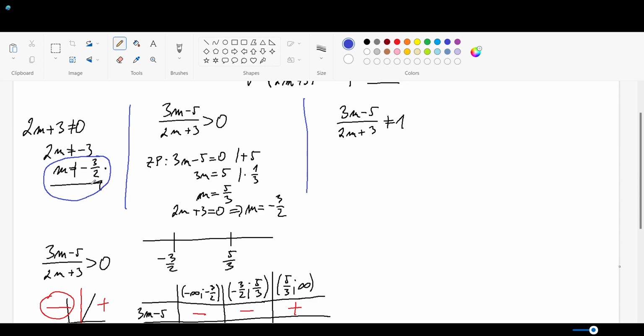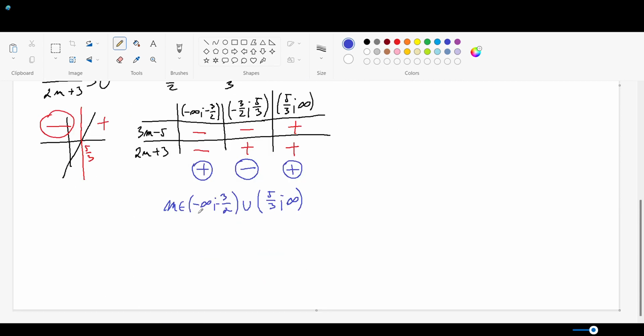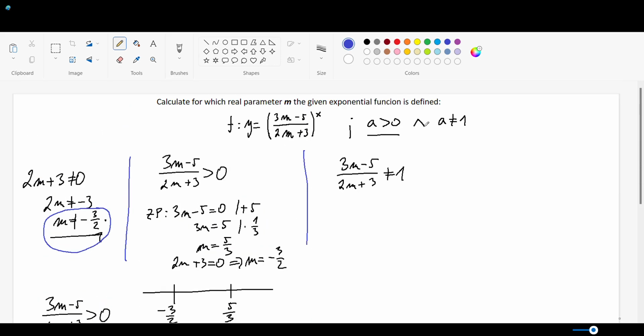Okay, but as you can see, and I said it twice, m cannot be equal to -3/2, which is already included in this solution.